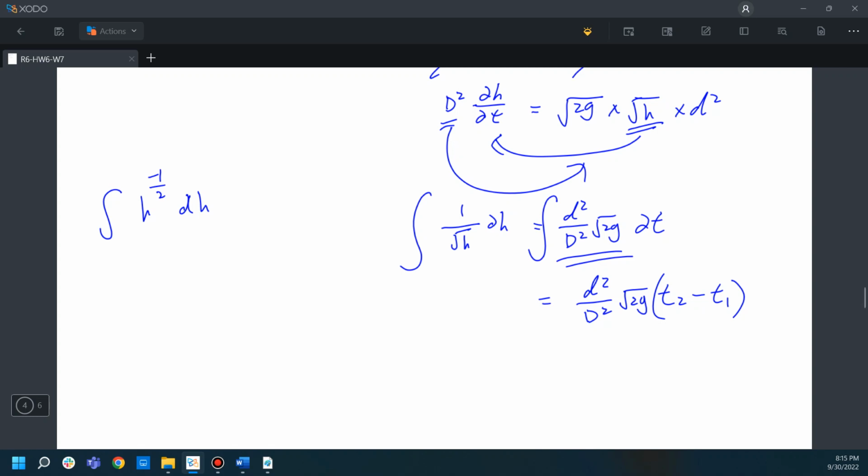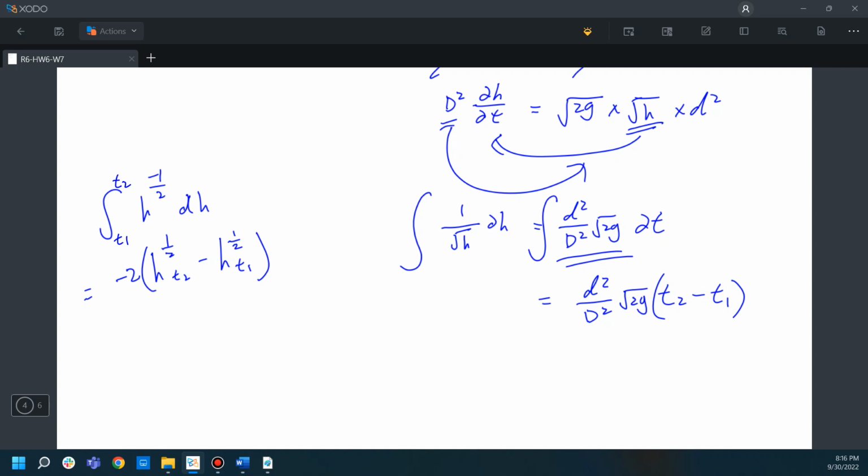And taking the integration, it will become minus 2 h^(1/2), evaluated from t1 to t2. Okay, because we want to integrate from t1 to t2.